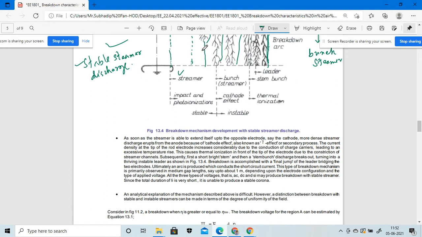However, distinguishing between the breakdown with a stable and an unstable streamer can be made in terms of the degree of uniformity of the field, and the degree of uniformity can be defined in such a way that we can differentiate the breakdown of a stable streamer from an unstable streamer. So it depends upon the breakdown process and the degree of uniformity in the electric field, because we have to analyze this.